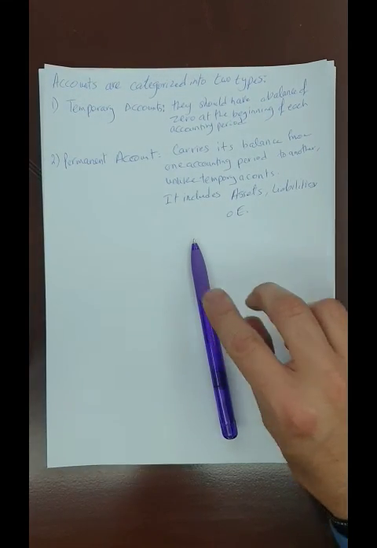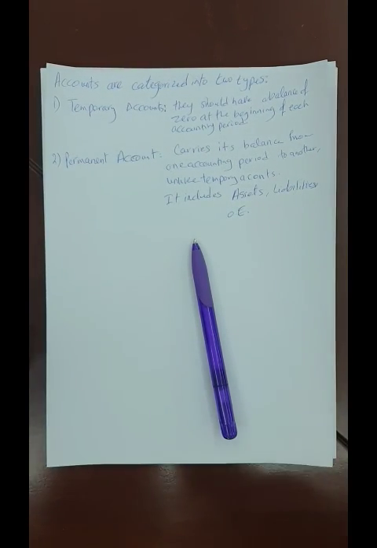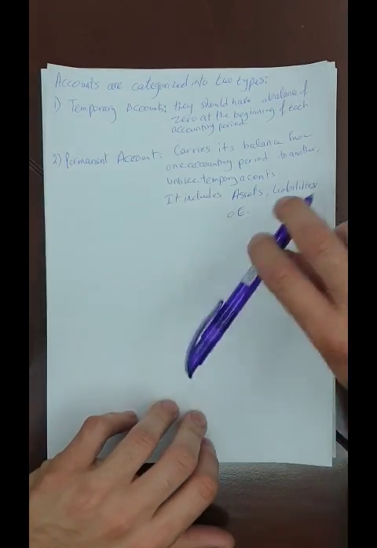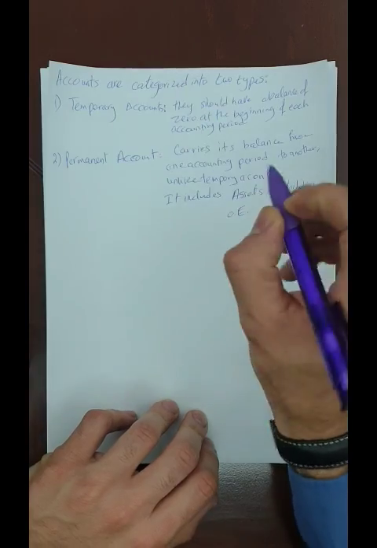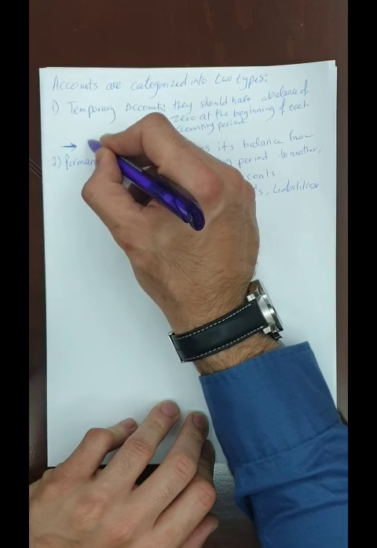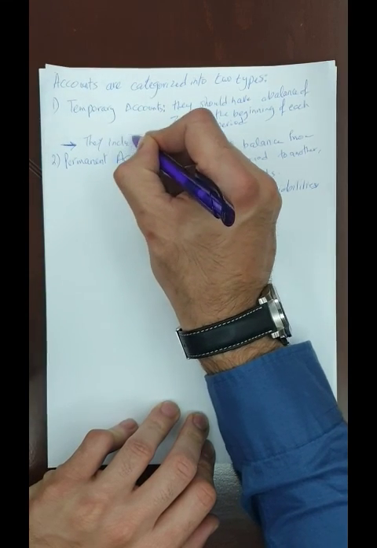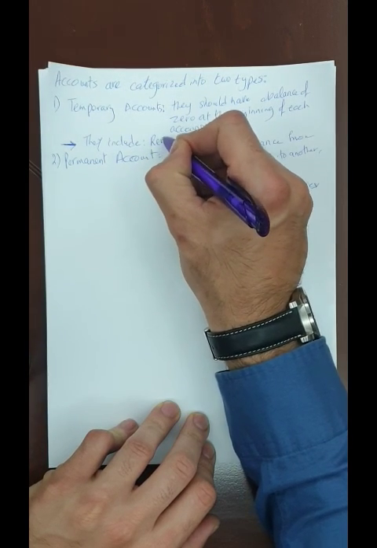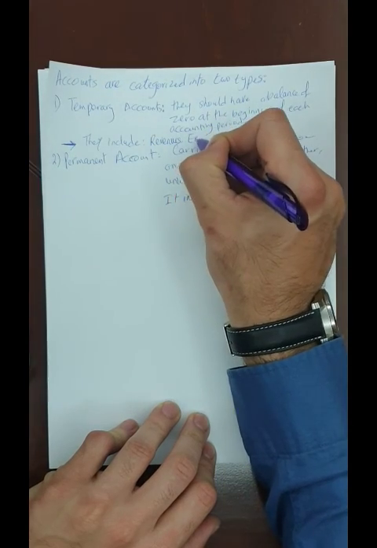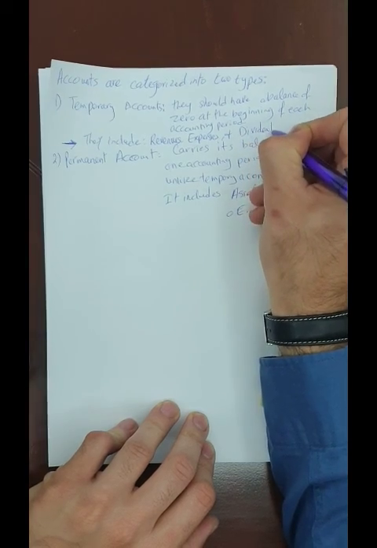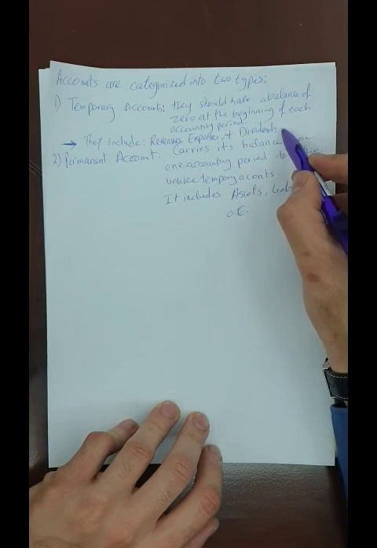So we need to apply the accounting procedure that will set these temporary accounts back to 0 at the beginning of each accounting period. So they start from scratch. Temporary accounts include revenues, expenses, and dividends. All other accounts are considered permanent accounts.